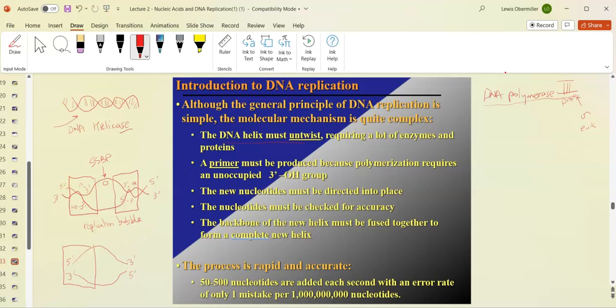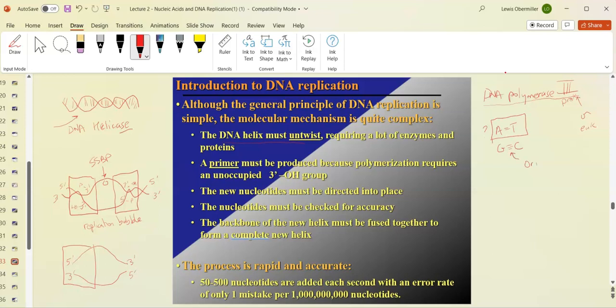Helicase only opens strands in areas where there's weak hydrogen bonding. So, quick question, do you think that's areas that are AT rich or areas that are GC rich? The correct response is A and T, because it's easier to break 2 hydrogen bonds than it is to break 3 hydrogen bonds.